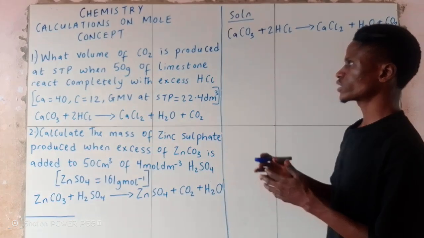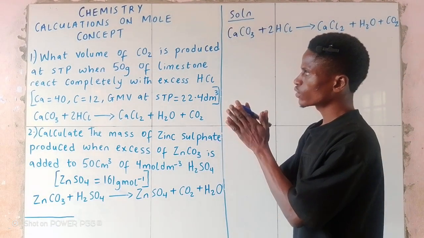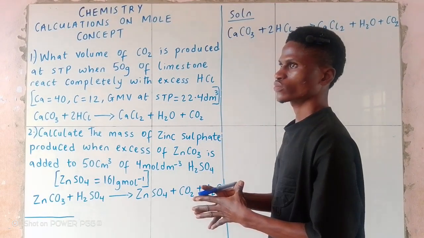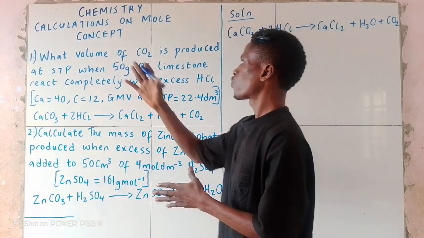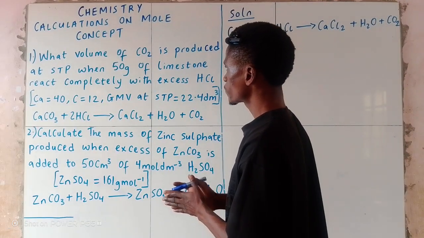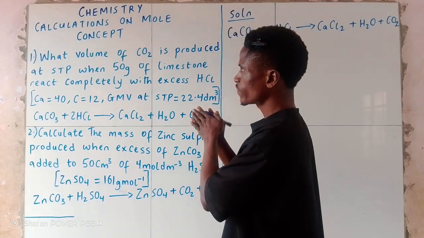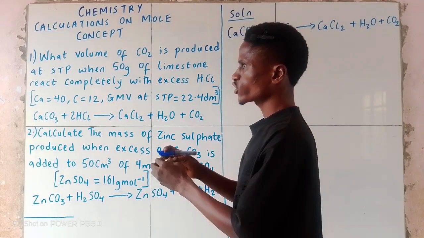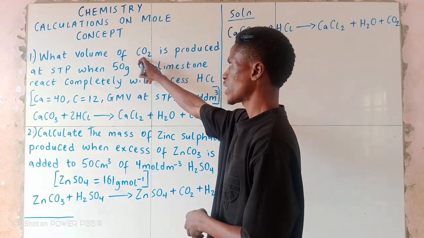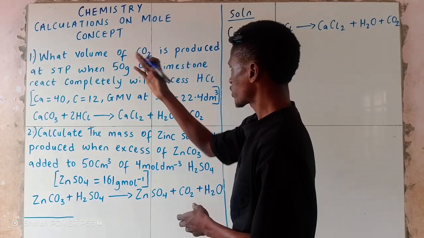Our next step is to check what the question is talking about. What volume of carbon dioxide is produced? If you check this question carefully, you can see that the question is specifying carbon dioxide. Let's continue.